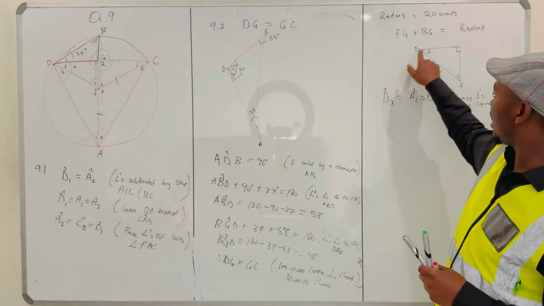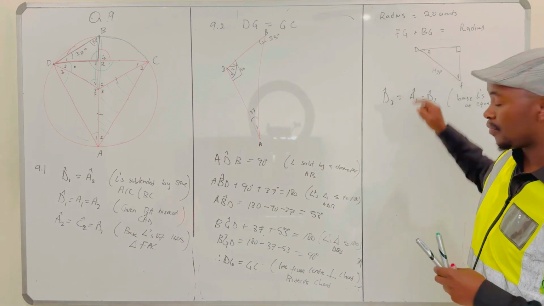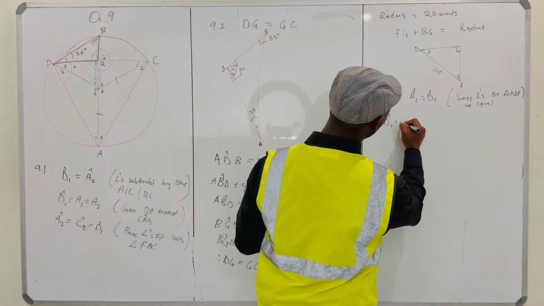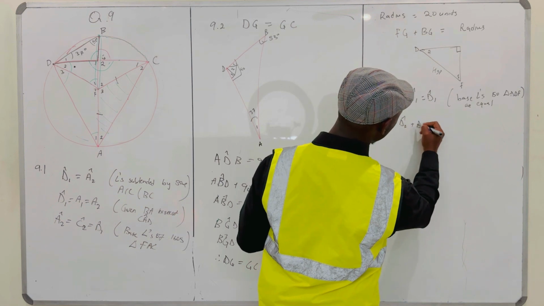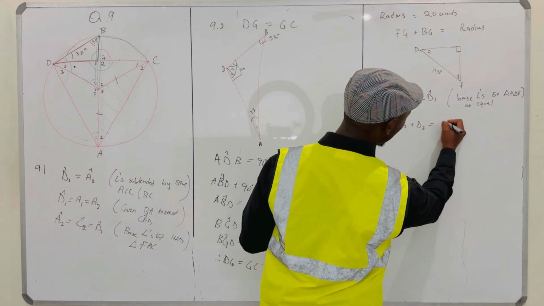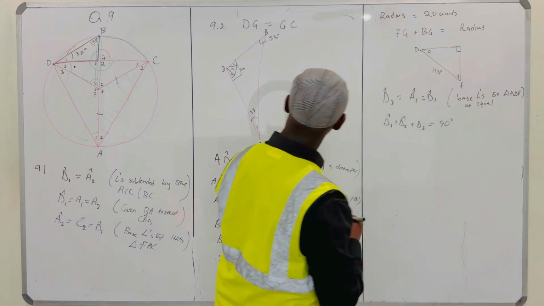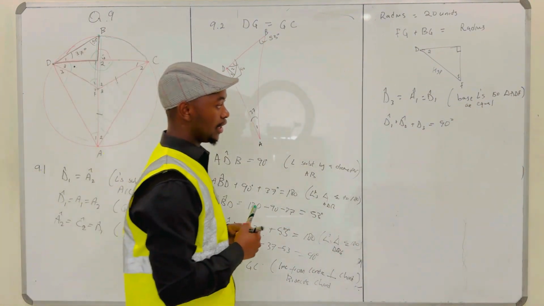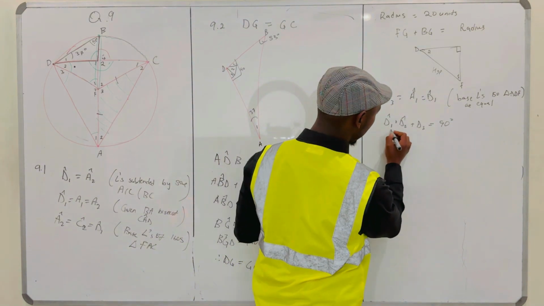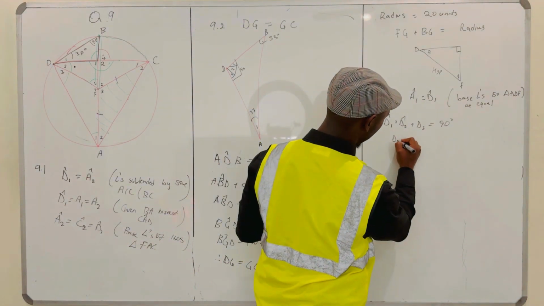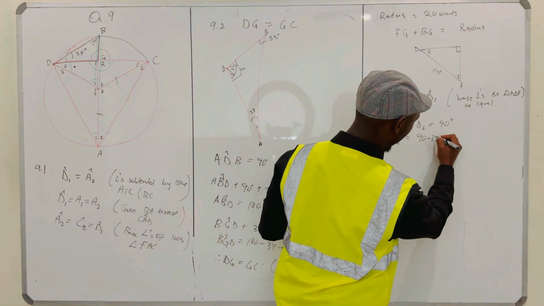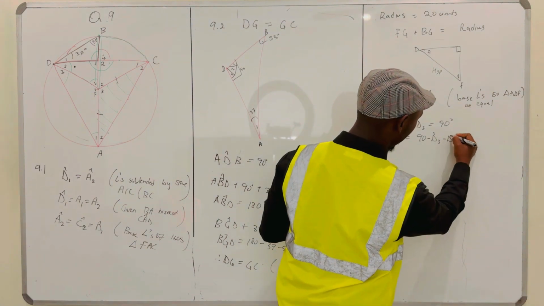Can we find this angle that I'm interested in here? Angle D1 plus angle D2 plus angle D3 should all add up to 90 degrees, because we've proven here that all of this should form 90 degrees. Now we have D1, so we can have D2 being 90 minus the angle D3 minus the angle D1.